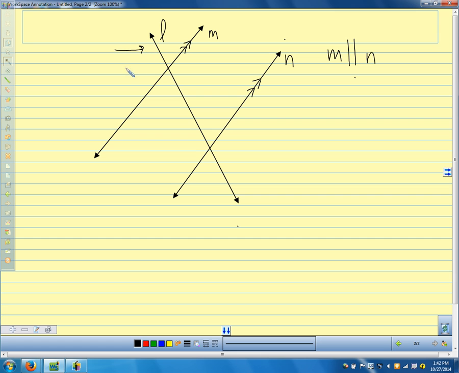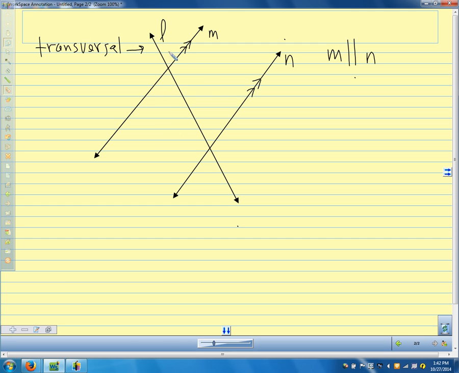Line L is the transversal. You should label that part of your graphic organizer. So make sure you understand that L and M or M and N are parallel. Line L is the transversal.